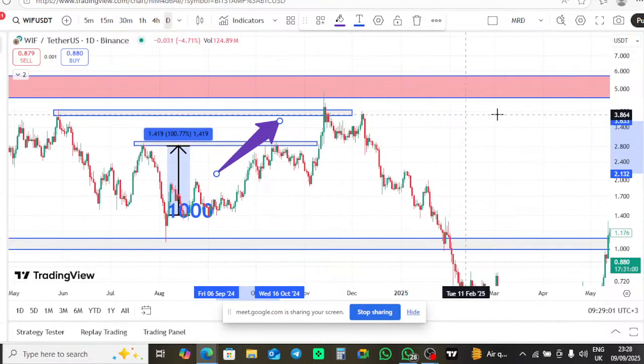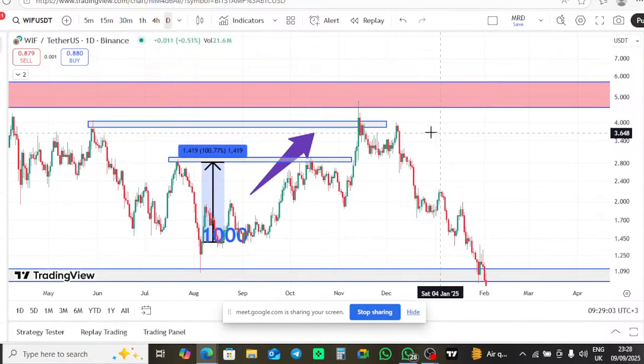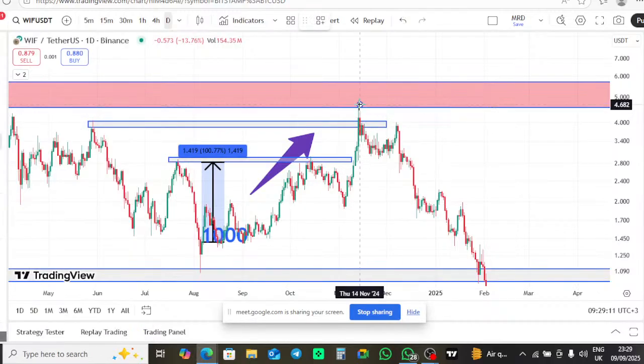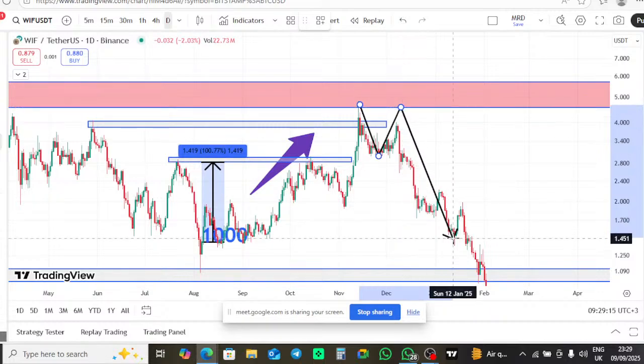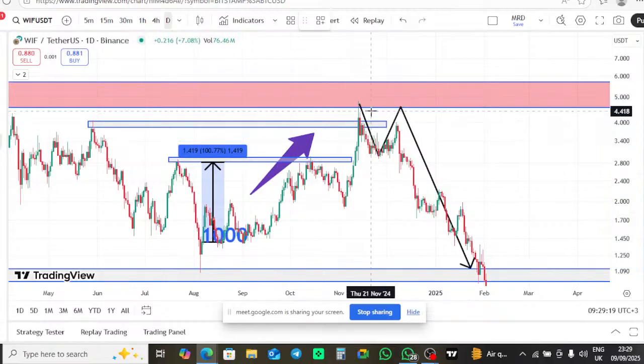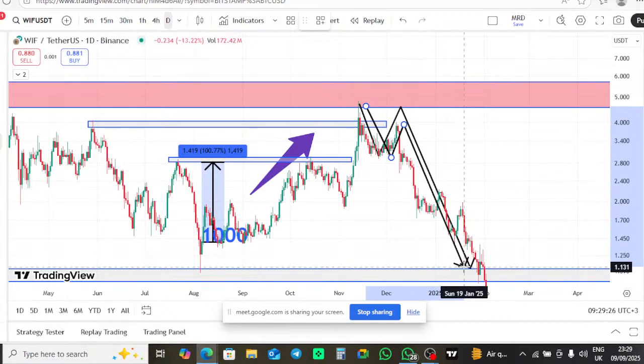But what you need to understand, at times market may come back and retest, or at times it may not. It may reject the area, come back and retest the area and drop. Or it may reject the area, come back a bit, and drop.